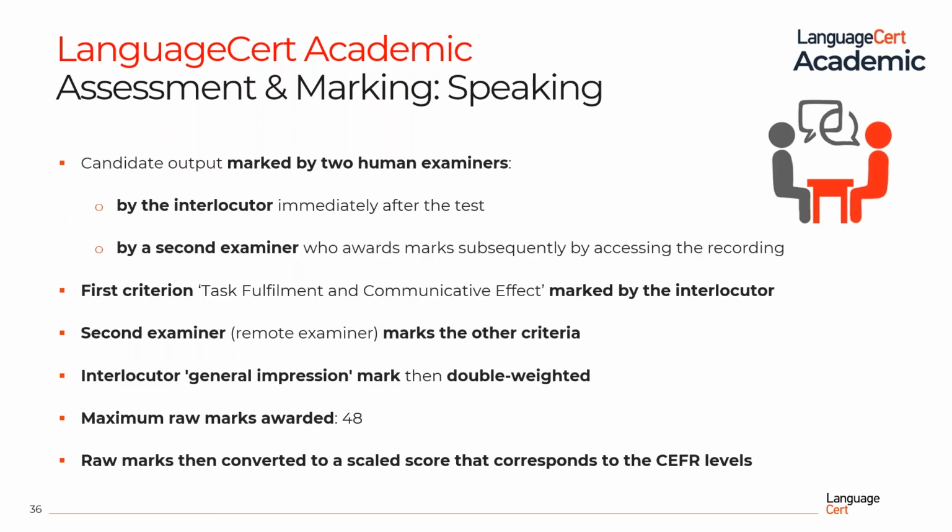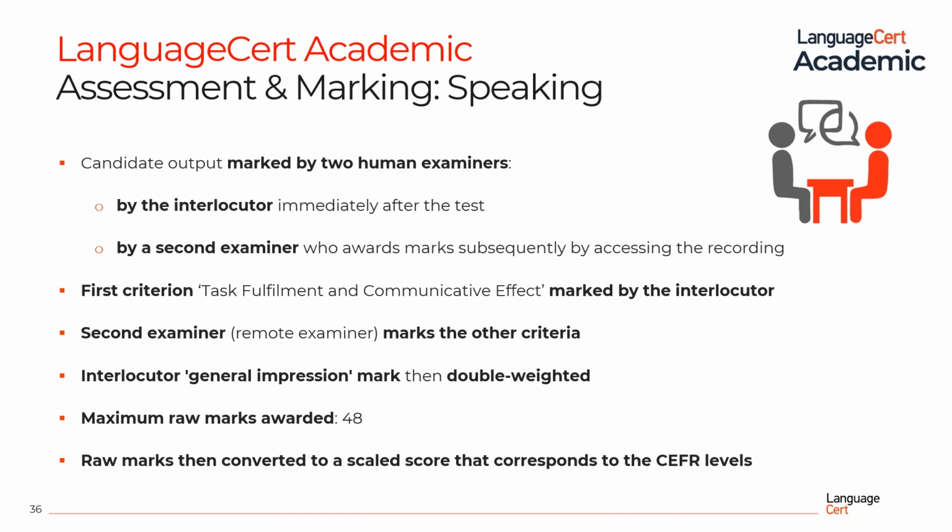Still referring to the speaking component of the test, a few more details now about how candidates are marked. Candidate output is marked by 2 human examiners. One examiner is the interlocutor, who marks candidates immediately after the speaking test. The other examiner awards marks subsequently by accessing the recording.